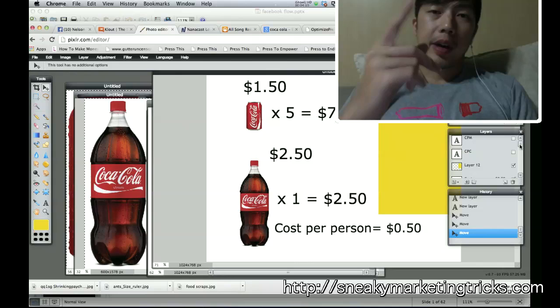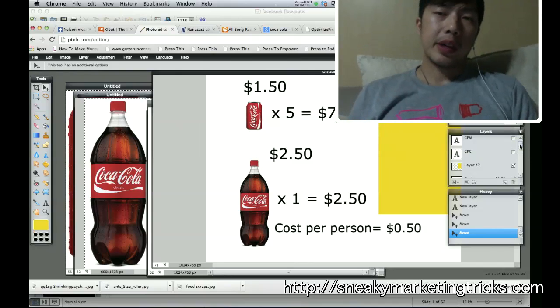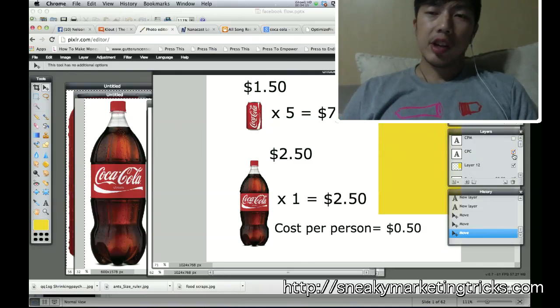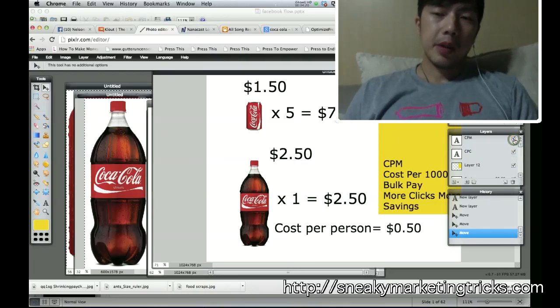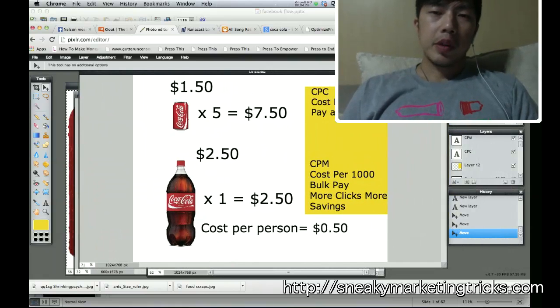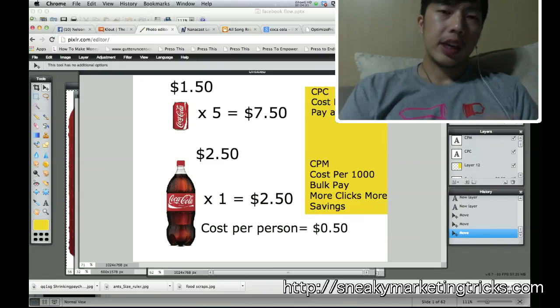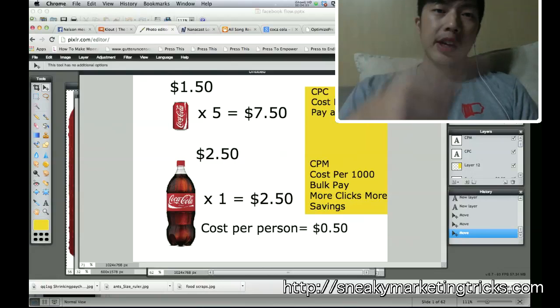There are two kinds of pricing in terms of pay-per-click advertising: the cost per click, and also the CPM. In cost per click, you are basically paying as you go. If there's a small amount of people drinking Coke, let's say one drinker, it's going to cost you 150.